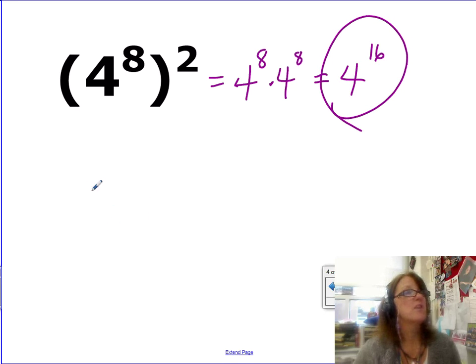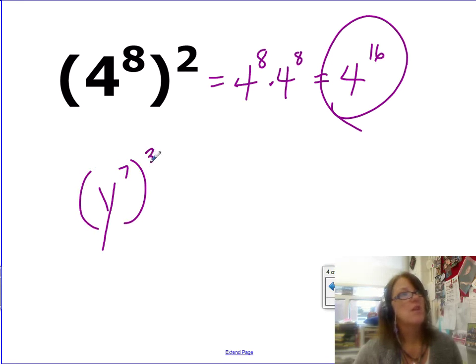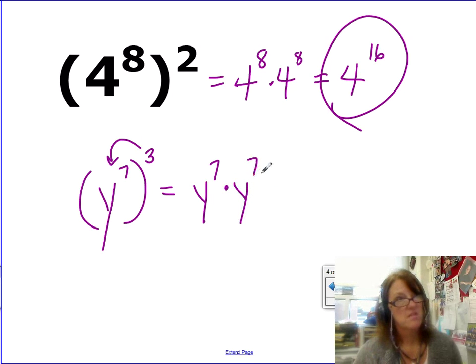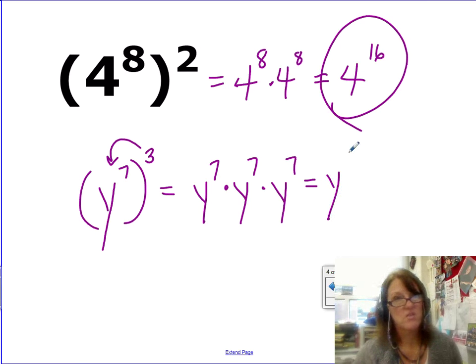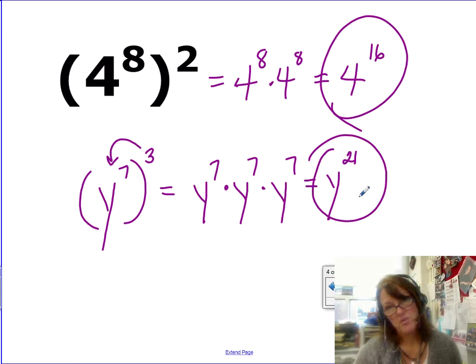Even if we used variables, so if I had something like y to the 7th power to the 3rd power, this just means take the quantity that's inside there and use it as a factor 3 times, multiplying by itself. Y to the 7th, y to the 7th, y to the 7th. There is no way I am writing out all of those y's because yesterday we saw that our property said, hey, just add your exponents together.